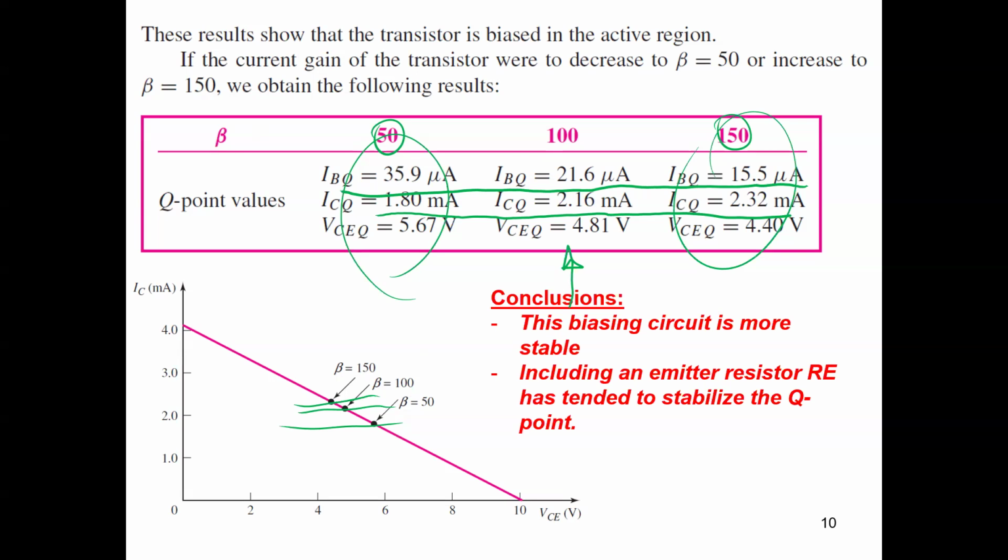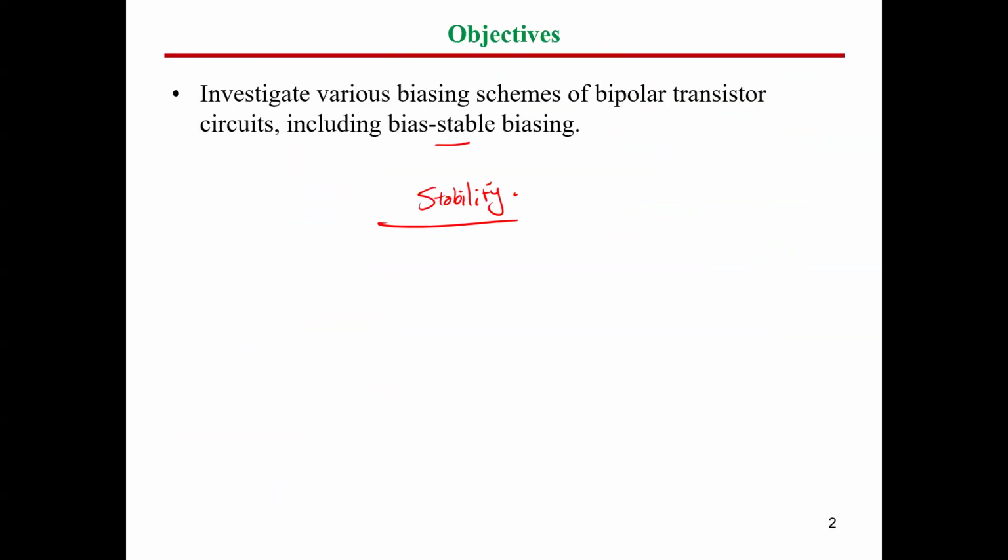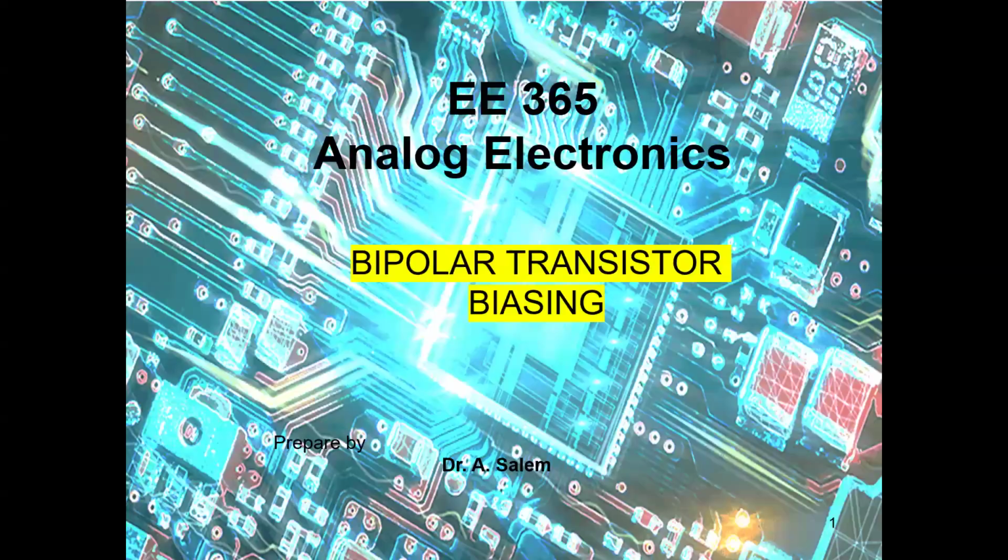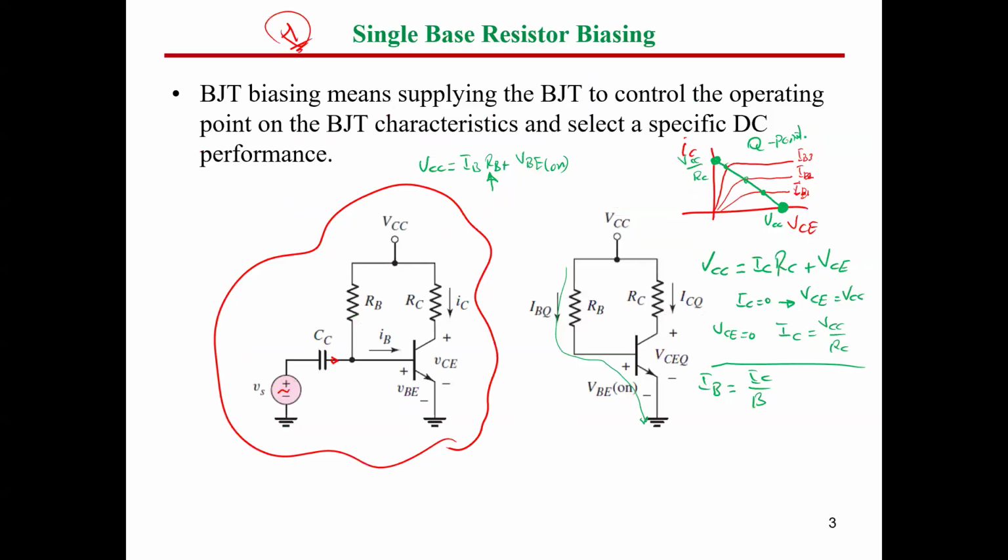So including an emitter resistance, RE, has tended to stabilize the Q points. So these are the conclusions that we can get from this configuration. Okay, guys. So today we learned two techniques for biasing our BJT. The first technique is the first circuit we mentioned here, which is single base resistor.